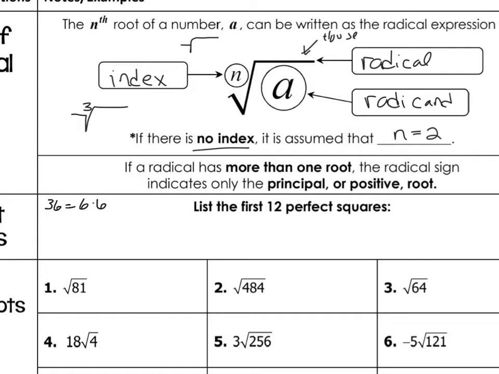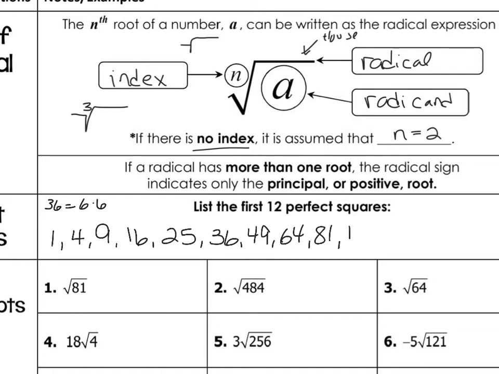So 1 times 1 is 1, 2 times 2 is 4, 3 times 3 is 9, 4 times 4 is 16, 5 times 5 is 25, 6 times 6 is 36, 7 times 7 is 49, 8 times 8, 64, 9 times 9, 81, 10 times 10, 100, 11 times 11, 121, 12 times 12, 144.